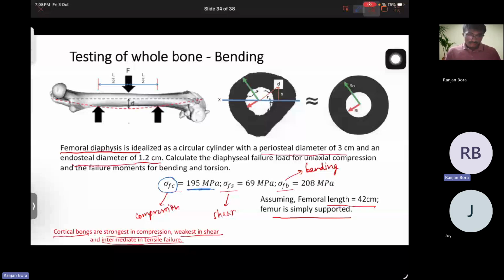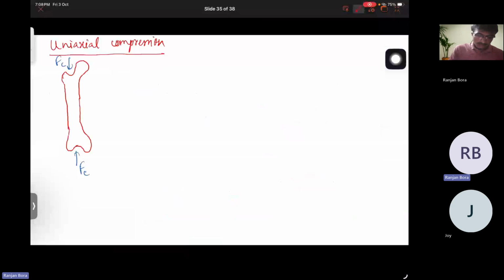So we will write sigma FC equal to F_C divided by the area of this bone.